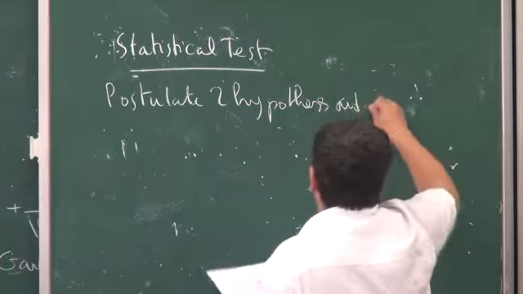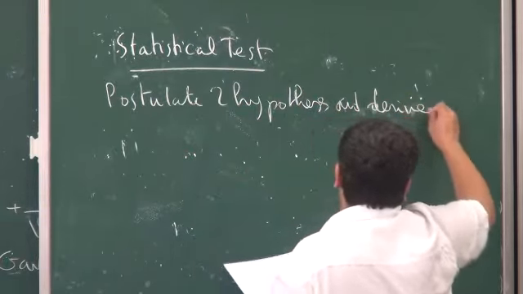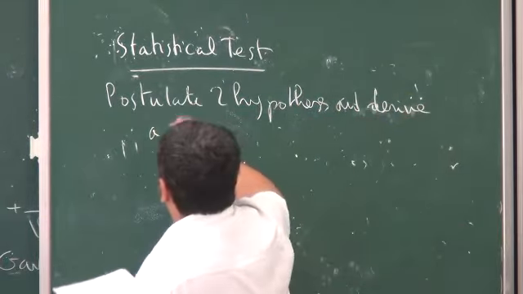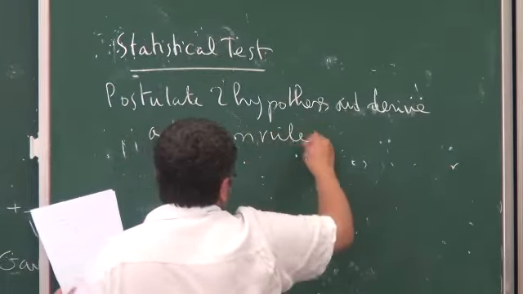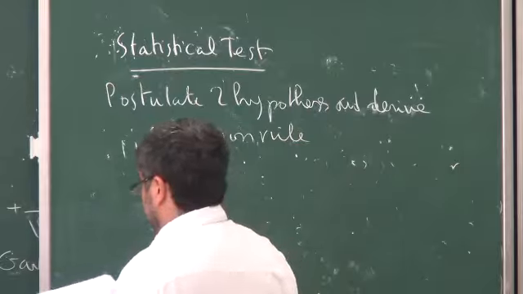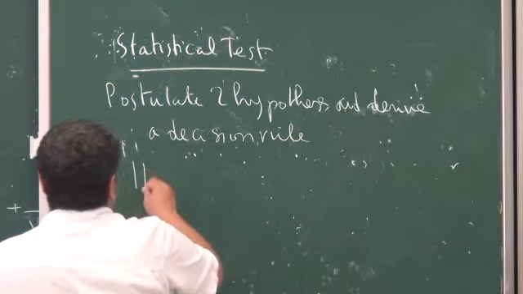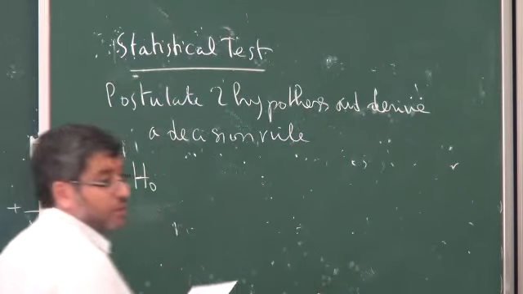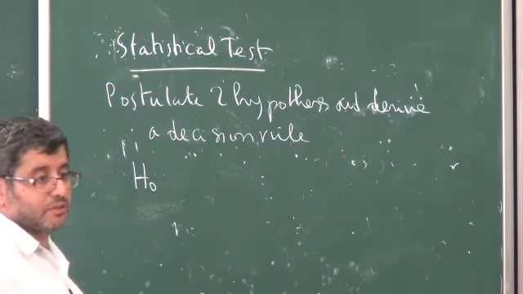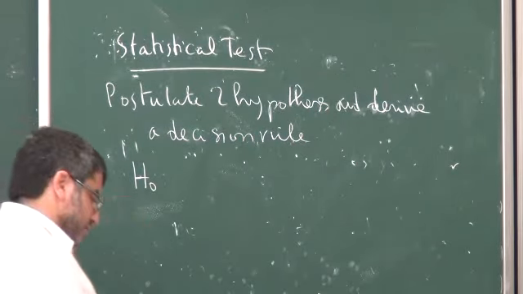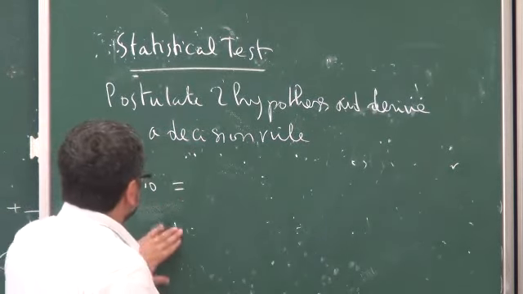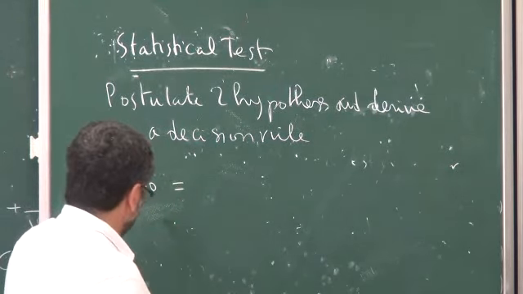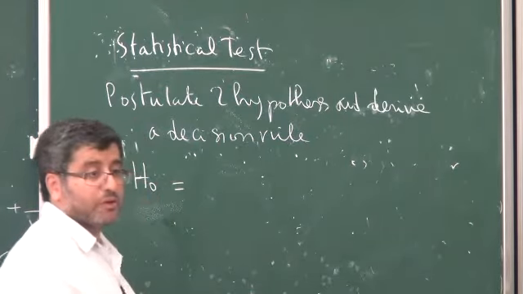One is called the null hypothesis, and the other one is the alternative hypothesis. So H0 is the null hypothesis, this statistical jargon, and there is no point reflector.